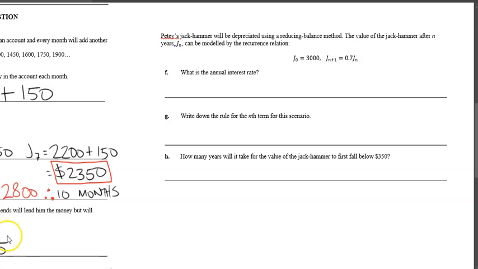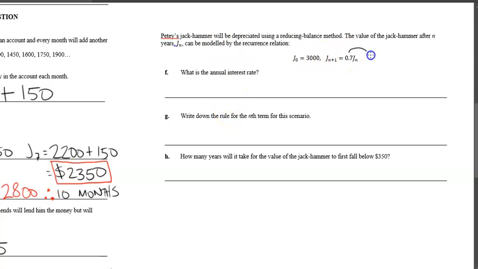And this is using a reducing balance method. The value of the jackhammer after n amount of years, J of n, can be modeled by the recurrence relation here. If the initial amount is $3,000, to get the next amount, we multiply the previous amount by 0.7. Now there's a key feature within this question.